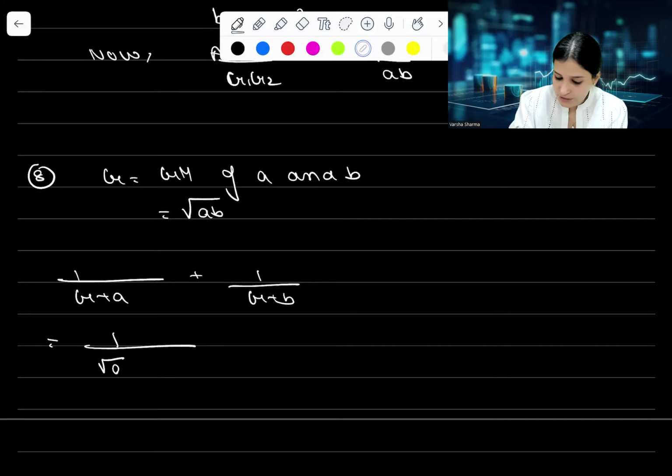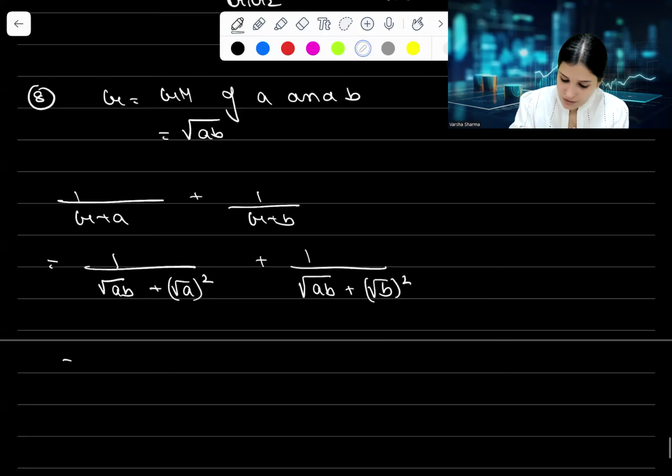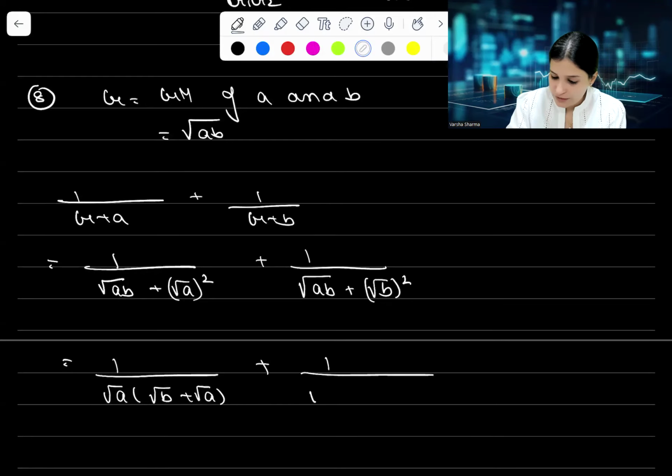G is root ab, a can be written as root a squared, and b is root b squared. Now taking root a common: root a (root b plus root a). Taking root b common: root b (root a plus root b).